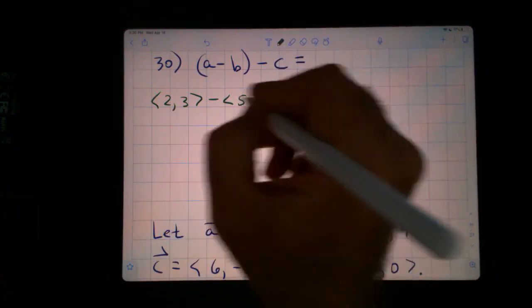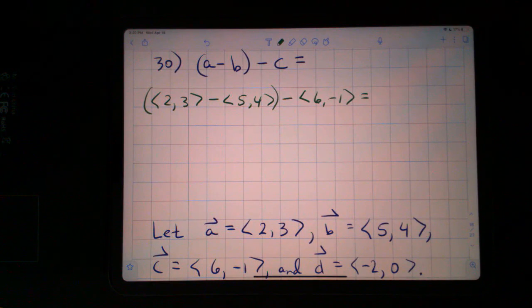Here are the parentheses. You can take them or leave them. It does not change the problem.